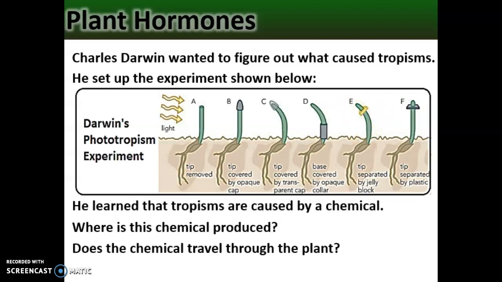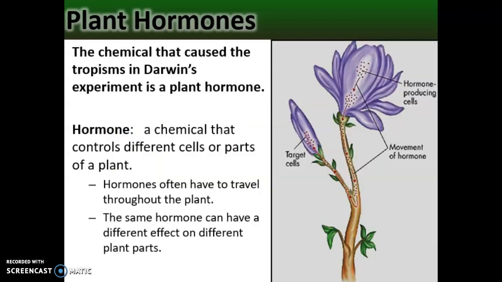When they put a piece of impermeable plastic between the base of the plant and the tip of the plant, they realized that the chemical wasn't able to travel through that plastic, and therefore that plant grew straight up and did not bend towards the light. So again, they found that whatever causes tropisms is a chemical. They didn't know what chemical yet, and it's produced in the tip but travels down through the rest of the plant. You see, what Darwin and his son discovered was the first of many plant hormones.